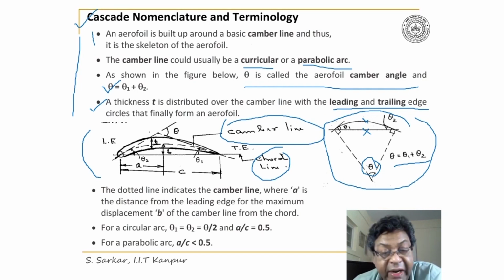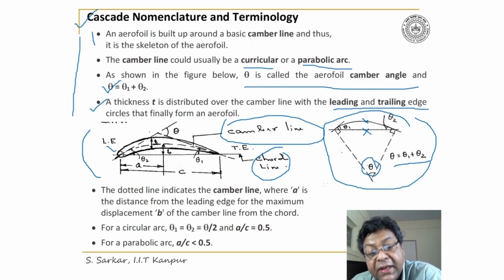So after we have created the camber line, we'll distribute the thickness T, thickness of the aerofoil, around the camber line with the leading edge and trailing edge circle.